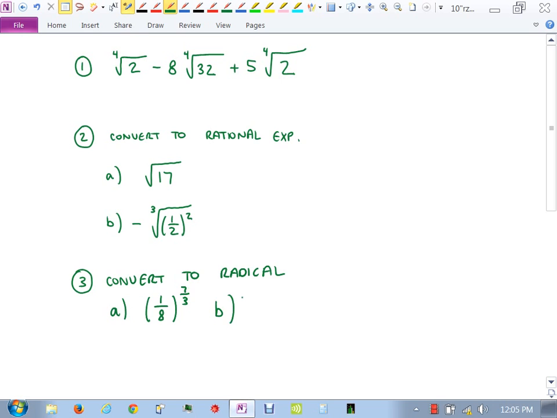I'll make this larger if you can't read this. That should be good.